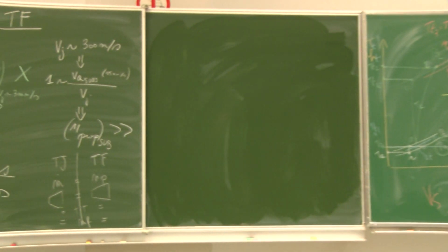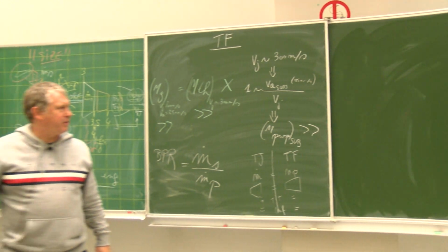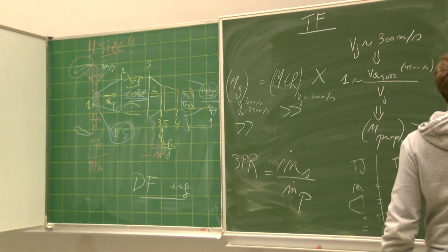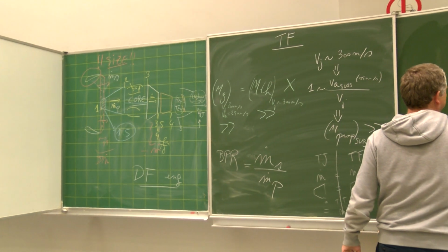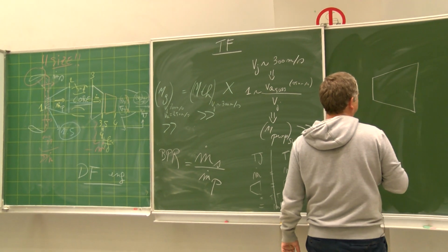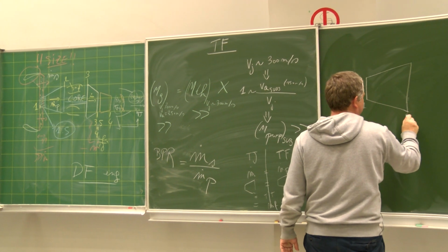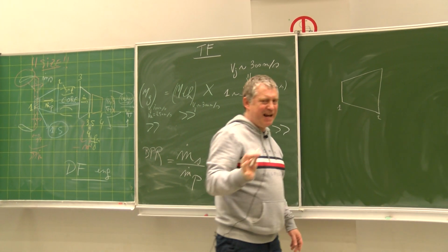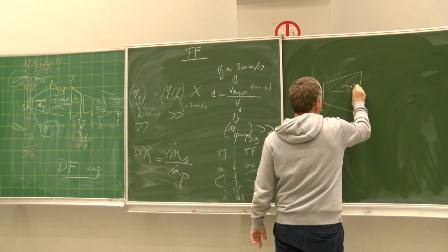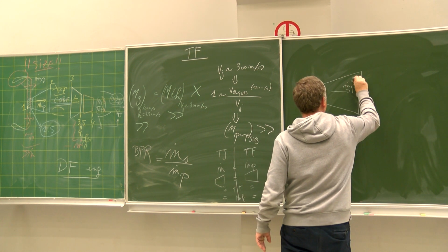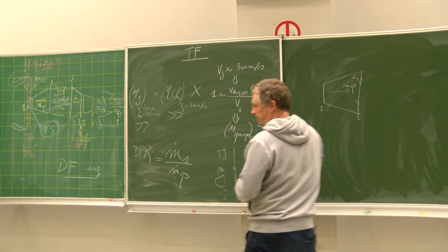Look at the cycle that I have drawn. I have said I'm starting from my compressor of before. Okay? This is the section 1, this is the section 2. The same as before, where I have m dot p passing equal to m dot turbojet.